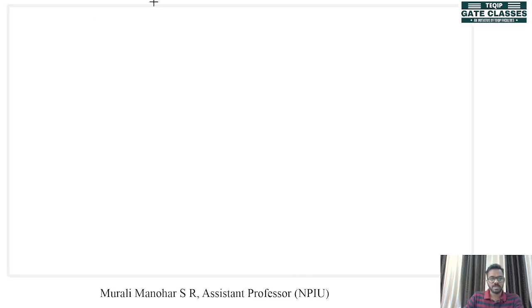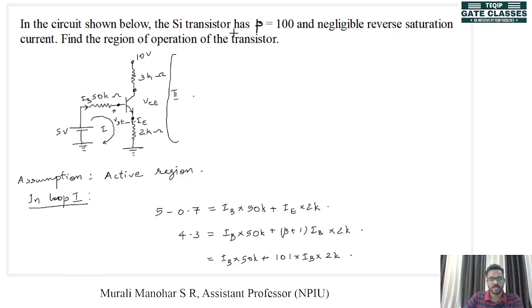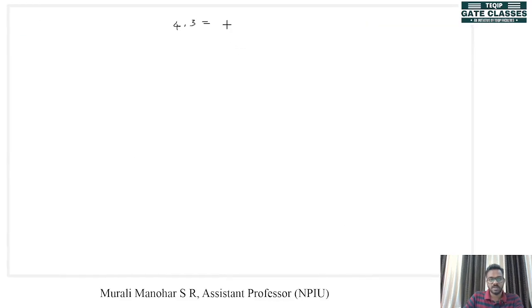So now 4.3 is equal to 50K plus 202K into IB.